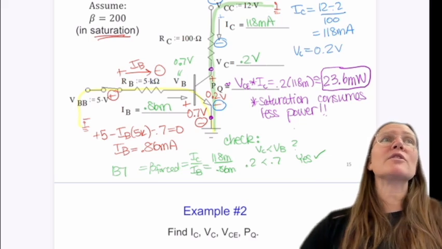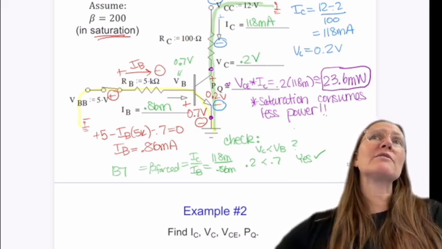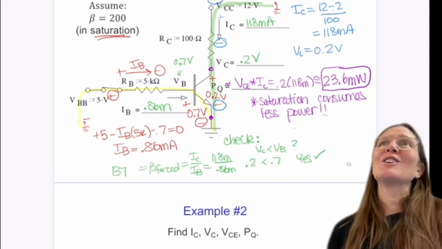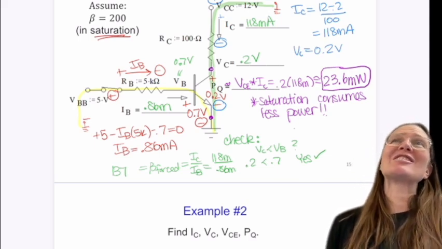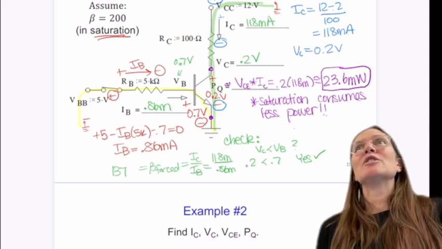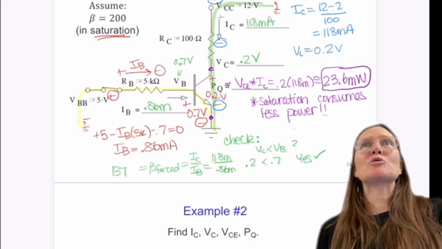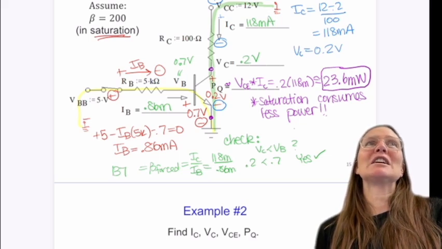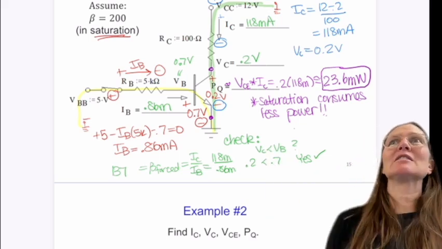That's another thing you have to be careful with: even if you design it, you may find that it's actually still in the active region and I'm consuming a lot of power. So the lower number you use, the more likely you could design it to be in the saturation region.